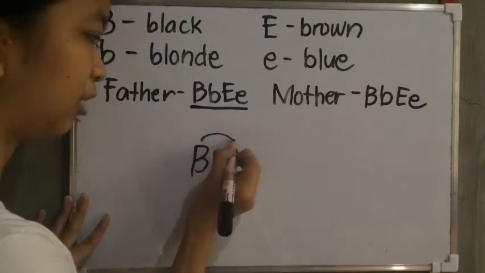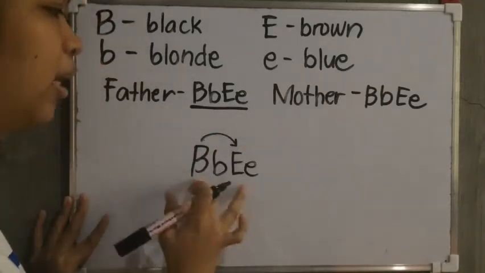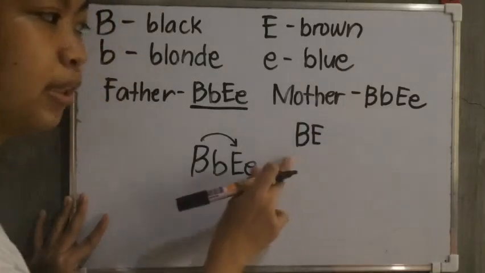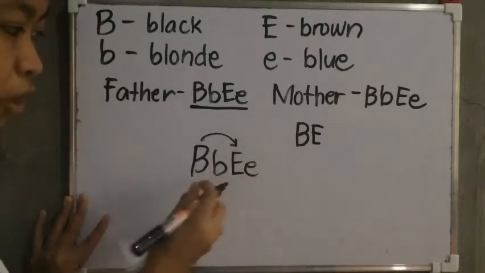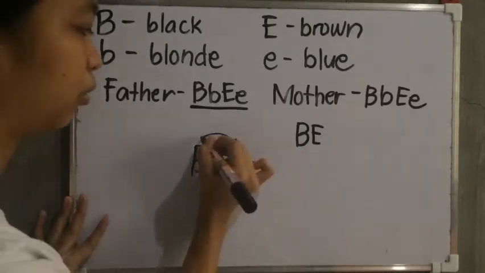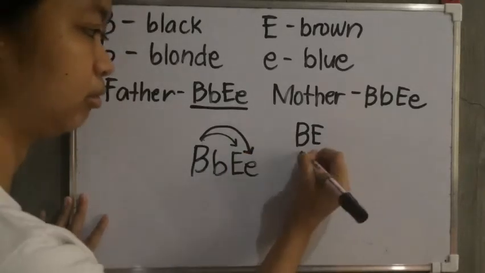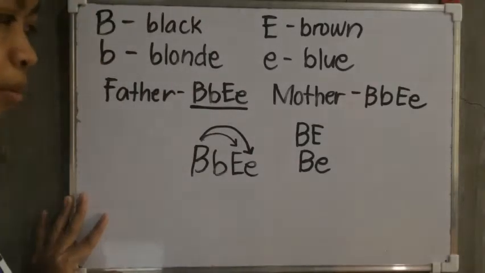So, ito muna. We need to combine the gamete. So, ito muna ang capital. That is our first gamete combination. Next, ito naman yung first, papunta din dun sa outside. So, that is our second gamete combination.